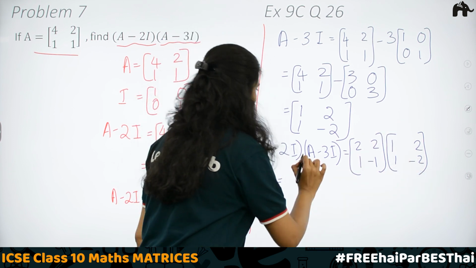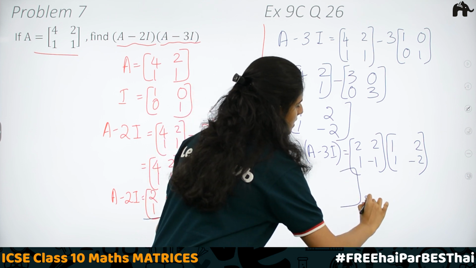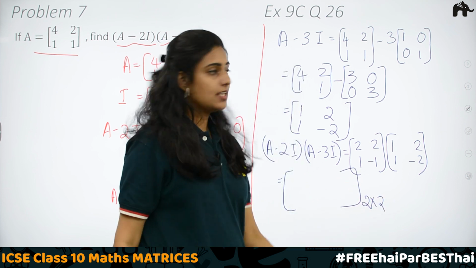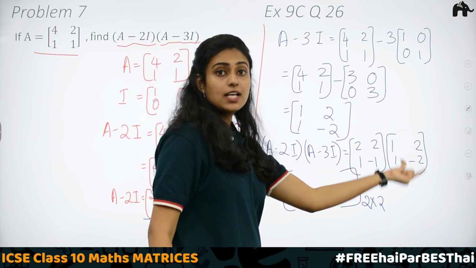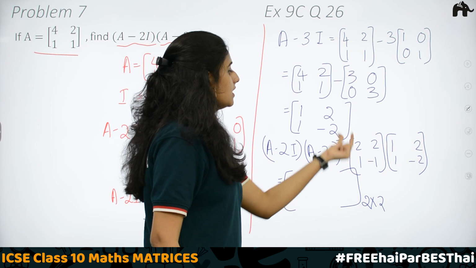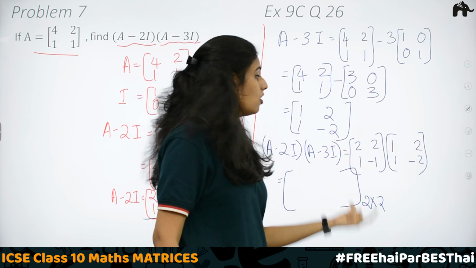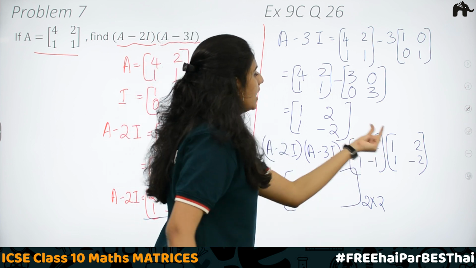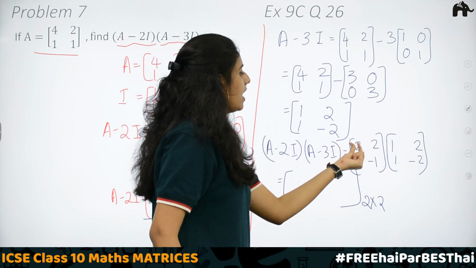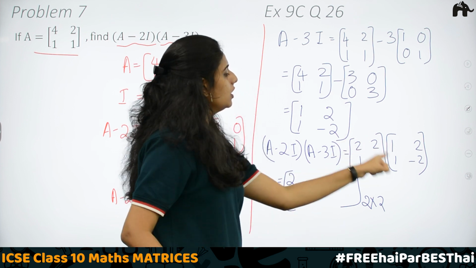We will be getting a 2 by 2 matrix. Here the number of columns in the first matrix is equal to the number of rows in the second matrix, which means the number of rows by the number of columns will be the order of the new matrix.